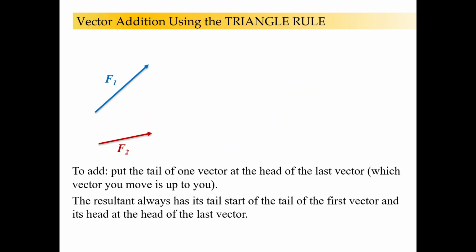Okay, that was the parallelogram law, which showed you how to build a parallelogram and analyze it to see where the resultant is. This is basically the same thing, but instead of thinking about it as the parallelogram with a slice through the middle of it that is your resultant, the triangle rule just looks at half of that parallelogram.